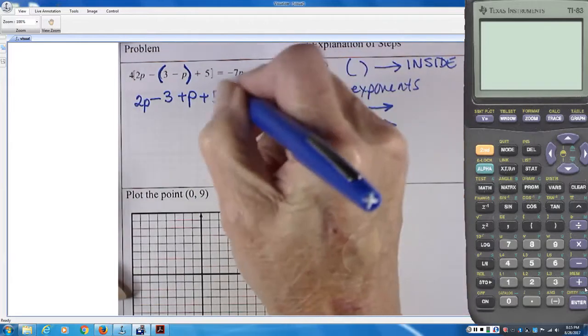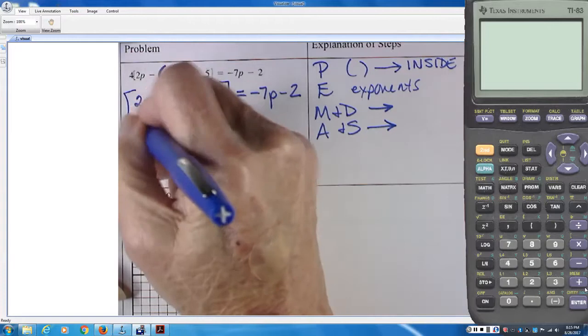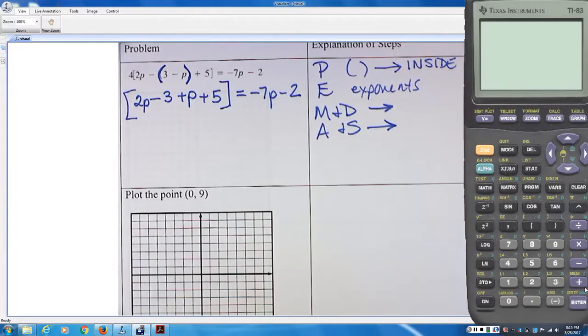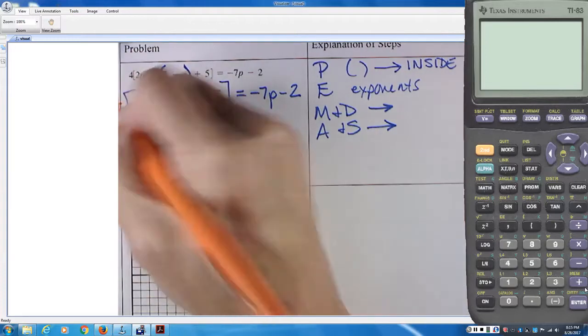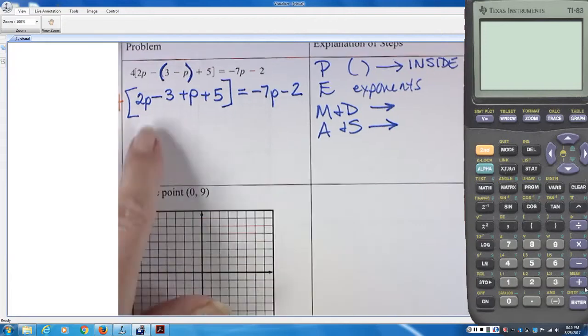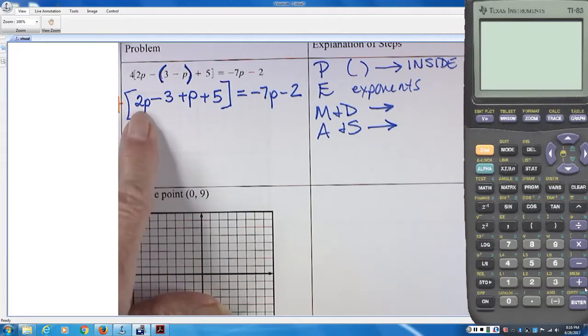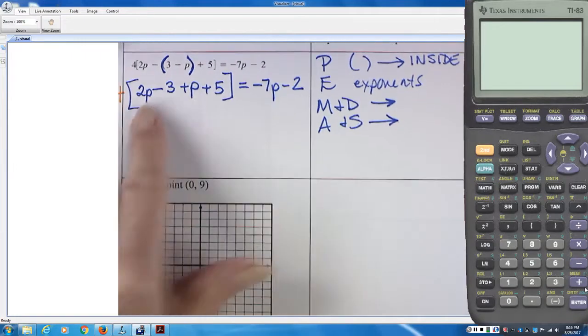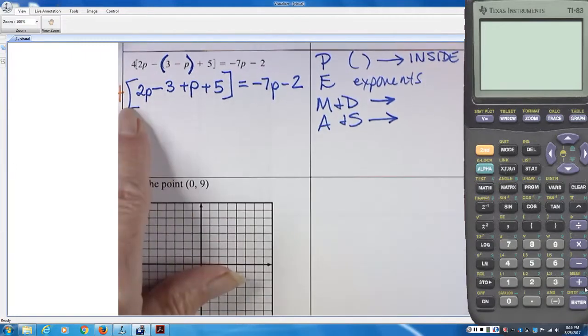But this whole thing actually is going to have to be multiplied by 4 before I can do anything else. I could multiply by 4 and then collect like terms, but these numbers are smaller if I wait till the end to multiply by that 4.